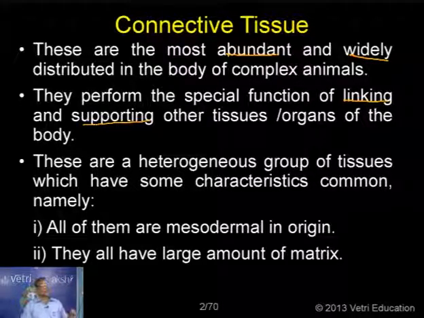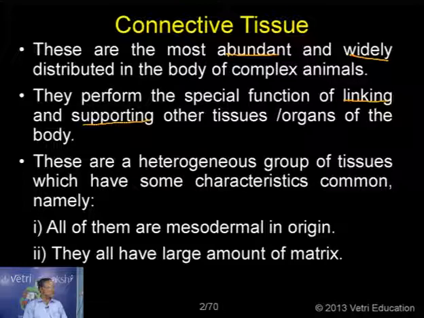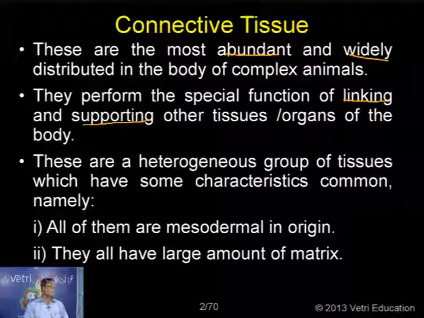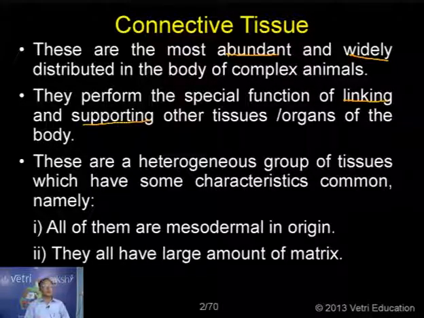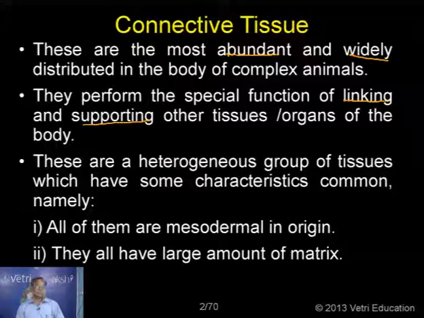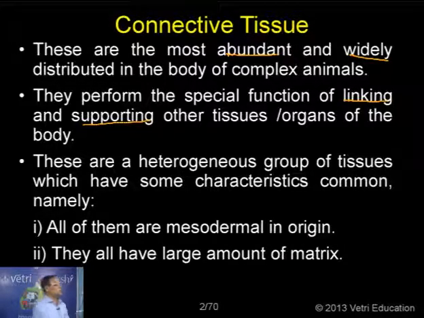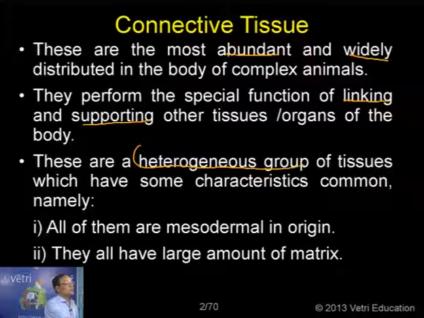So its special function of linking and supporting other tissues and organs of the body gives it the name connective tissue. And if you take any tissue, what does the definition start with? A group of similar cells. But as far as connective tissue is concerned, it is a heterogeneous group of tissue.